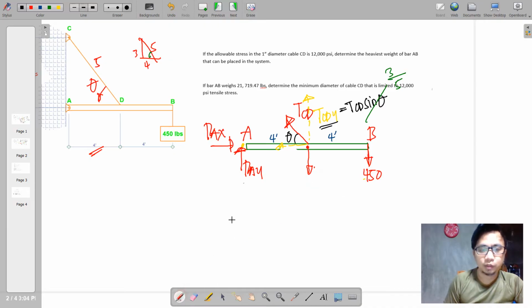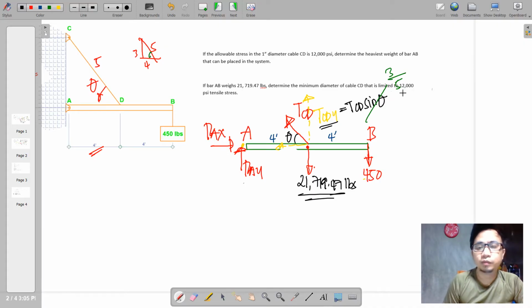Say we have here 21,719.47 pounds. Okay, and then determine the minimum diameter of the cable.